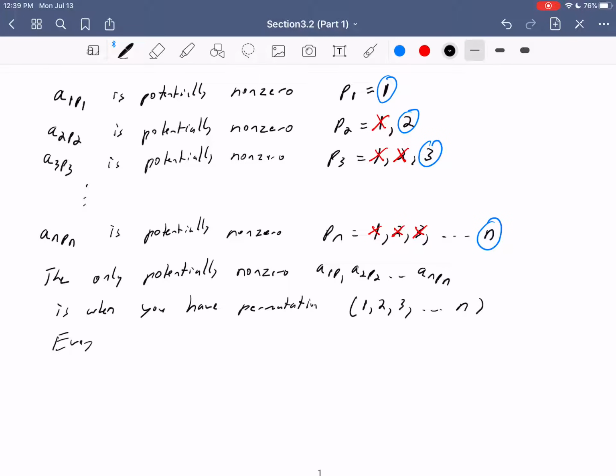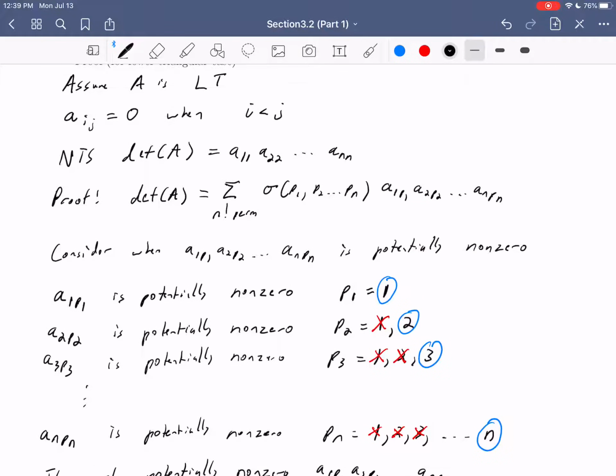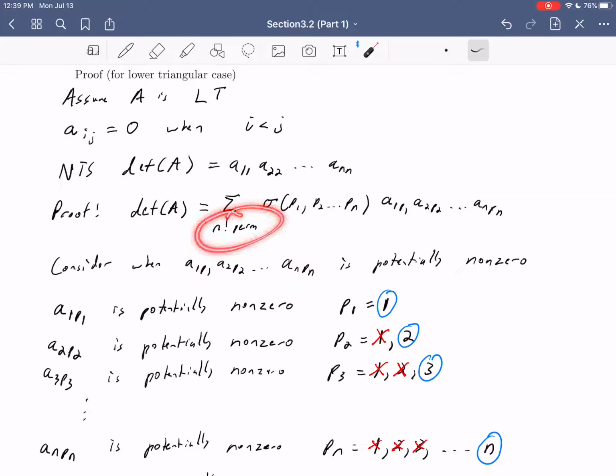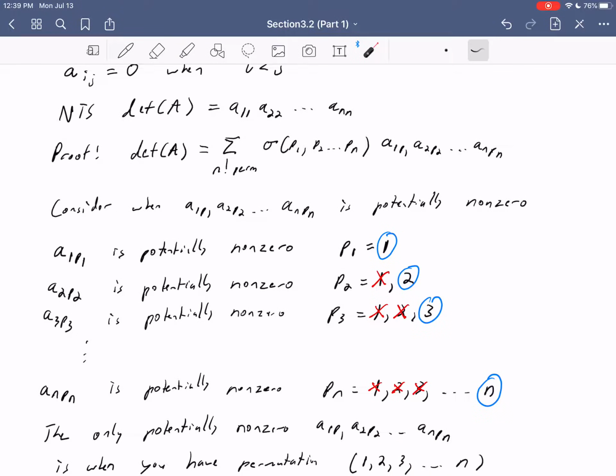Every other term is guaranteed to be 0. So in other words, in this giant sum, which is the definition of the determinant over those n factorial different permutations, only the permutation with P1 equals 1, P2 equals 2, P3 equals 3, Pn equals n is going to have a potentially non-zero term.